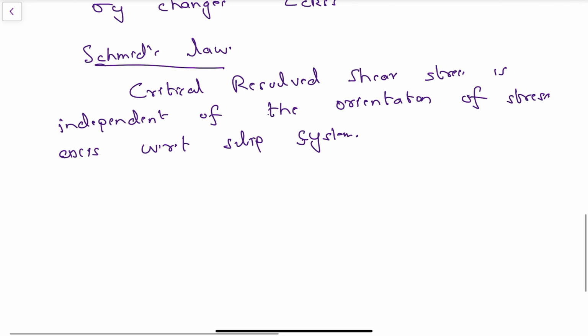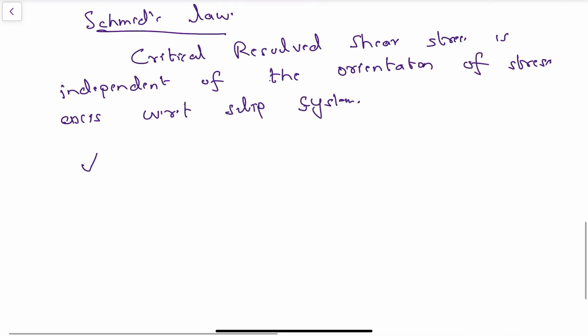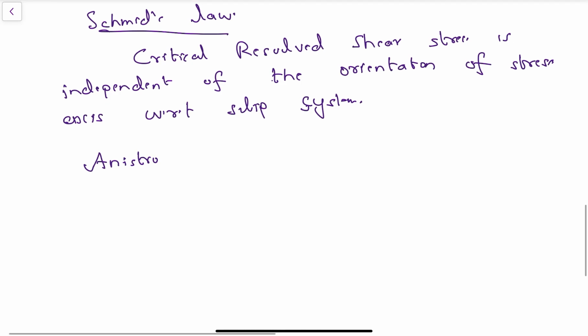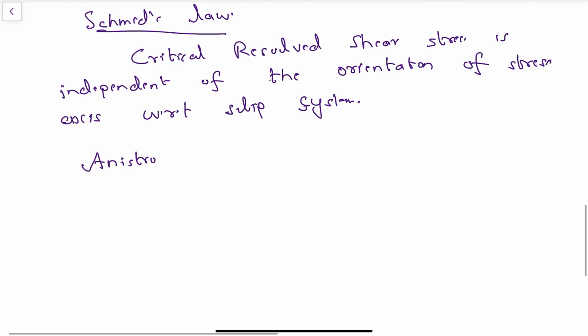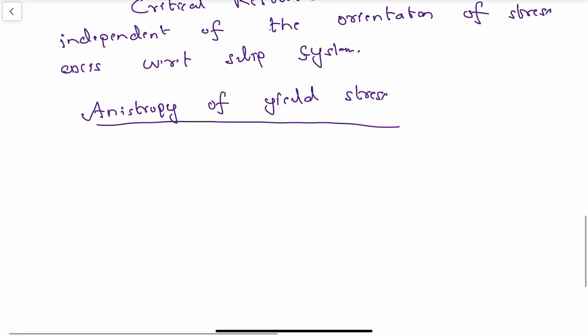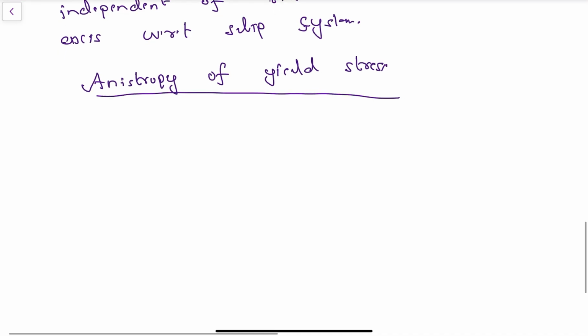So that means sigma y changes. We have seen that it is a material property. So that is why we come to this concept, anisotropy of yield stress. What do you mean by yield anisotropy? That means the material property varies in different directions. In different orientations, sigma y will be different.